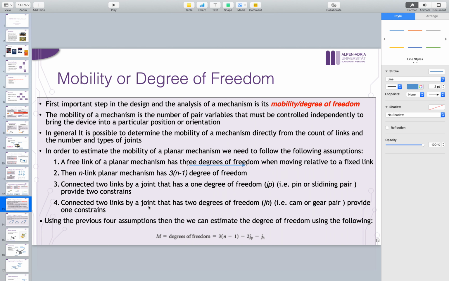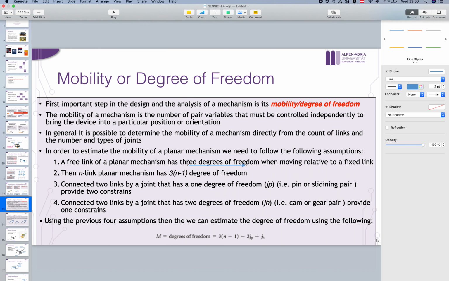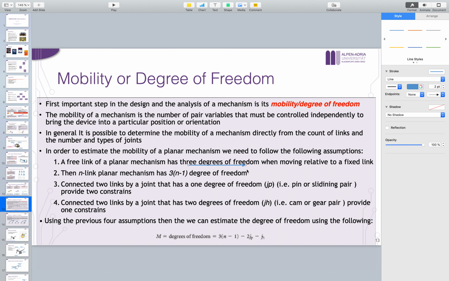So if I look at this link now on my keynote, of course I can do different motions on it. First, I can translate it along the y-axis.